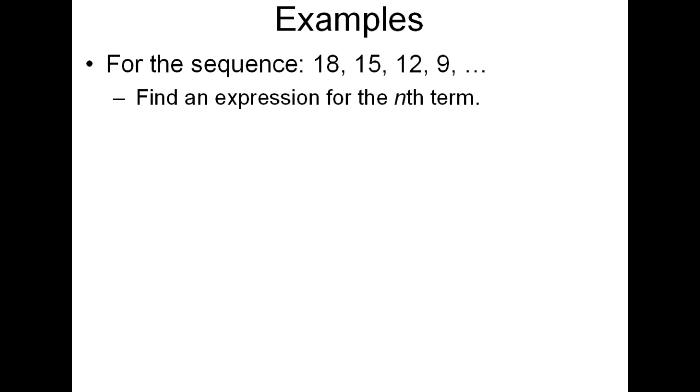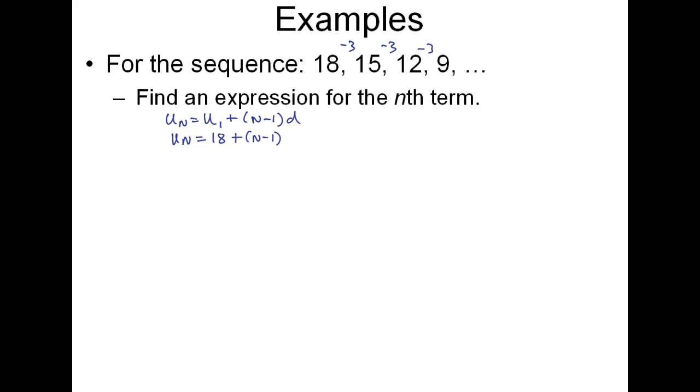So let's look at some examples. Find an expression for the nth term. Well, we just said that the nth term is the first term plus whatever n is minus 1, multiplied times the common difference. So in this case, my first term is 18, times n minus 1. My common difference to go from 18 to 15 is to go down 3.